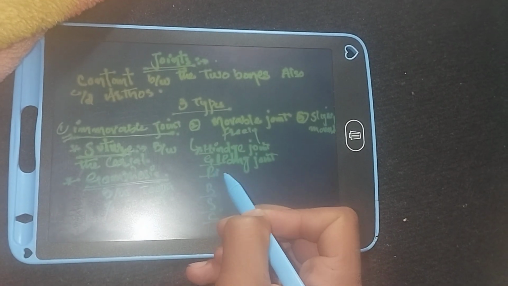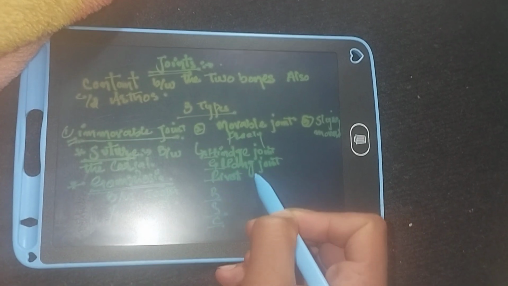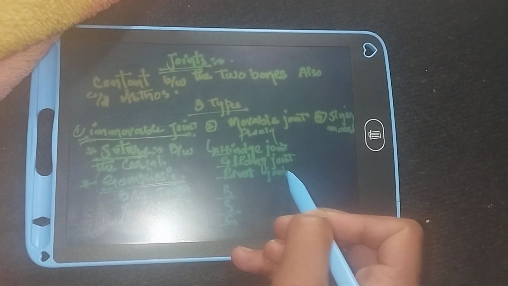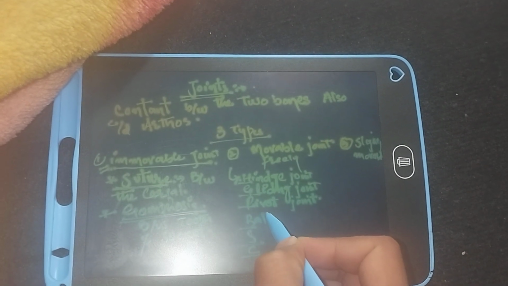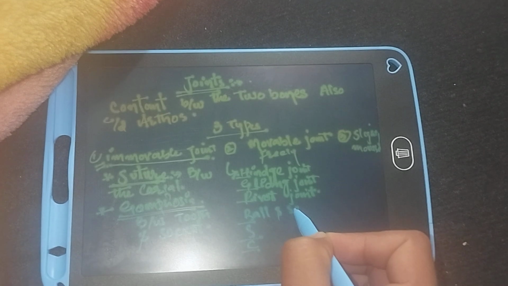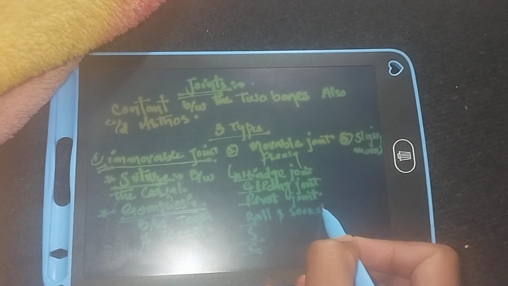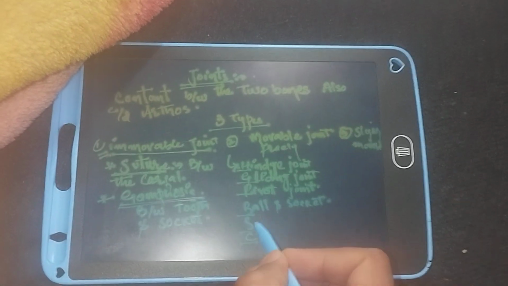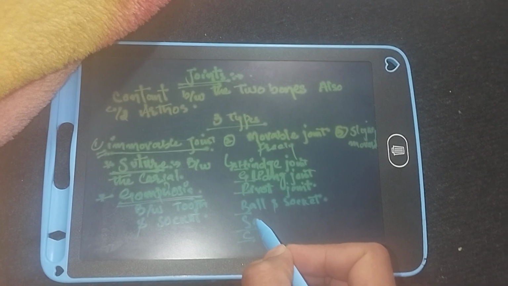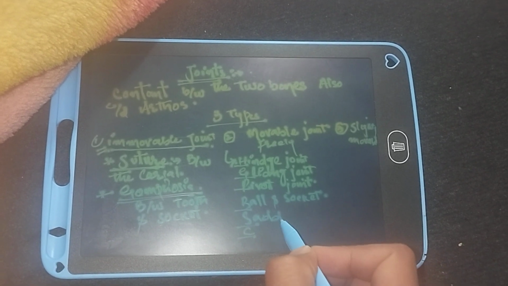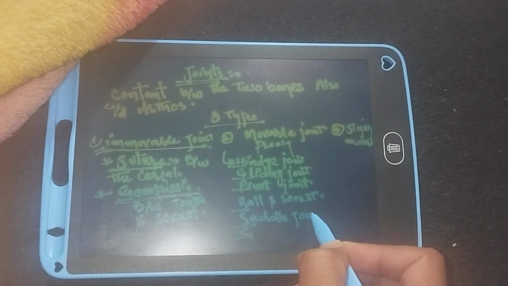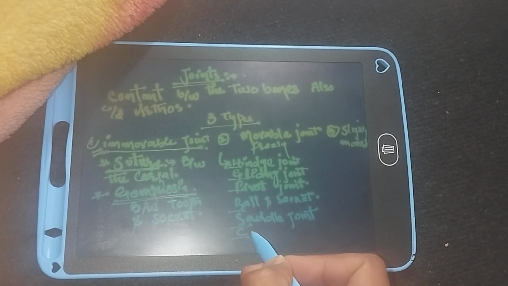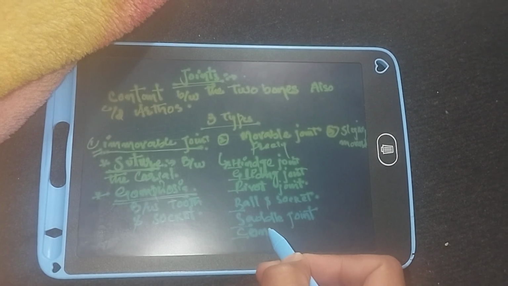P is pivot joint. B means ball and socket joint. S means saddle joint. And C means condylar joint.